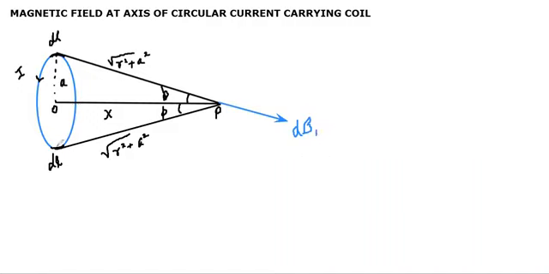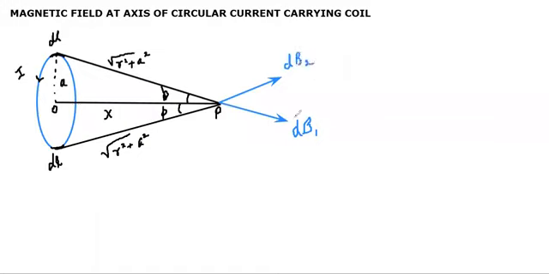The magnetic field due to this length element would be like this, away. Let this magnetic field be db2.